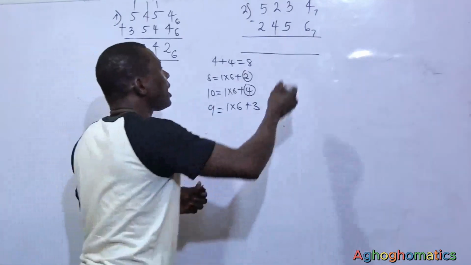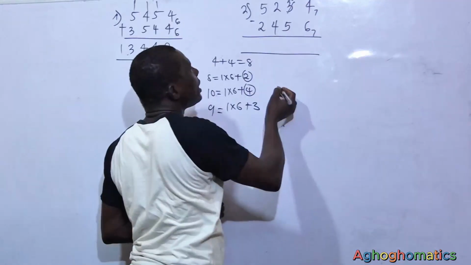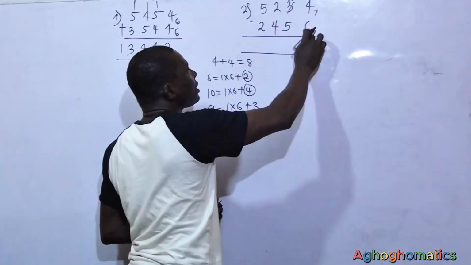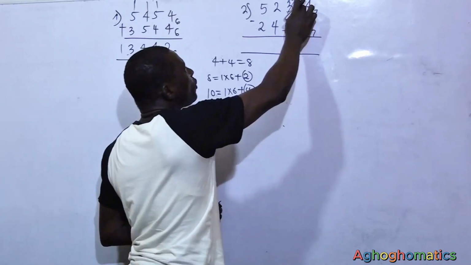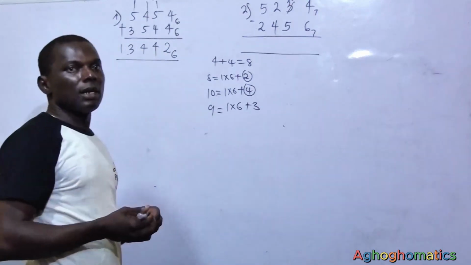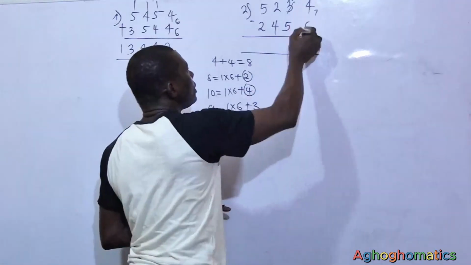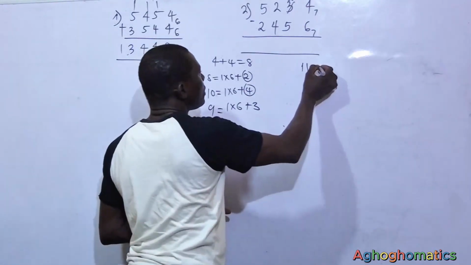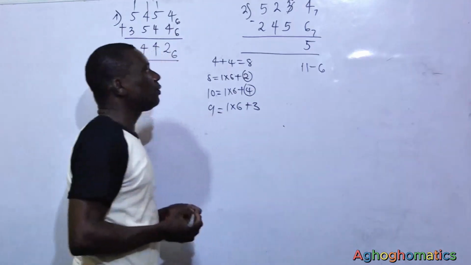If we borrow one from here, this will be reduced to 2, and that one borrowed represents 7. 7 plus 4 gives 11. Now 11 minus 6 definitely gives 5.